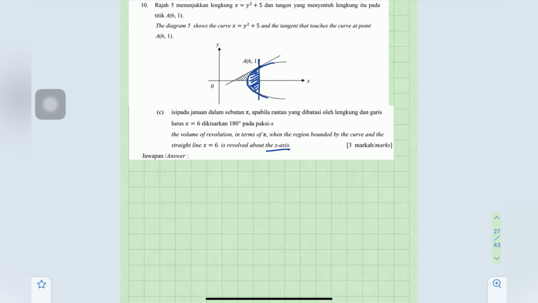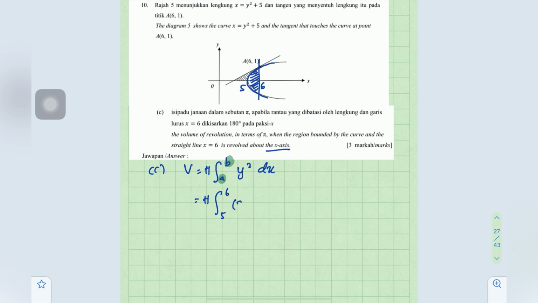Okay, so kalau x axis kita masuk, kita kena gunakan formula volume yang integral A to B pi y squared dx. Okay, meaning that A and B are values of x, okay, so tadi kita dah tahu ni 6. Okay, ni 5 kan. Okay, so kita masukkanlah dalam formula. So lower limit is 5, upper limit is 6, y squared.